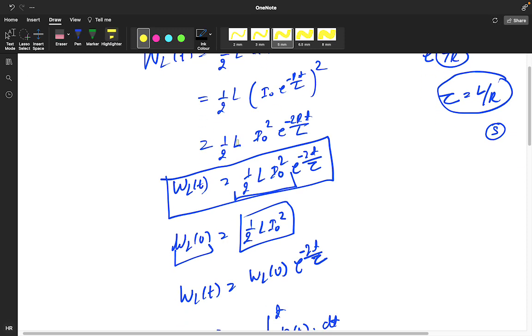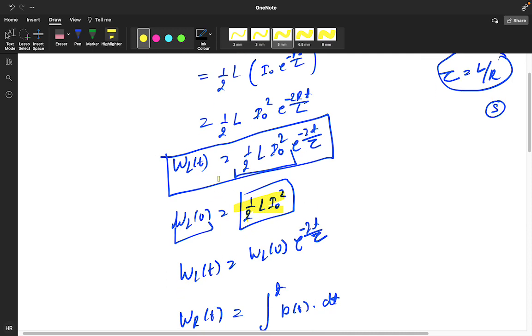After this calculation, I get half Li naught square e power minus 2Rt by L. And if we put t equals 0, e power minus 2 into 0 by L becomes 1 only. So we get half Li naught square. So I am putting in this equation WL of t, instead of half Li naught square, WL0. So we are getting it like this.